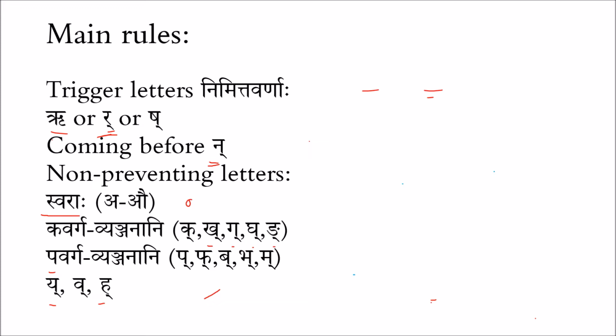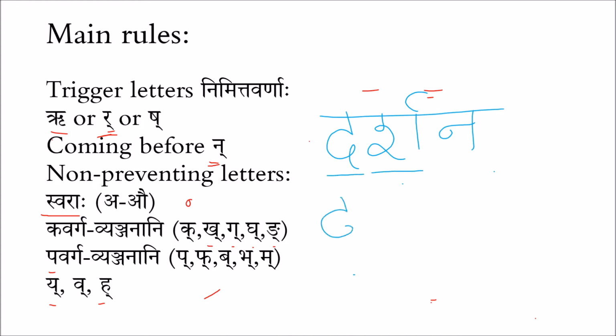When it doesn't change, we had some examples like darshana. If we take darshana, what is the sequence of letters here? We have da, which doesn't matter, then we have ra, and then we have sh and a, and then there is na here.